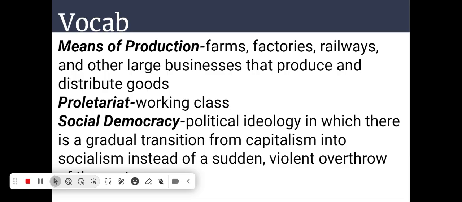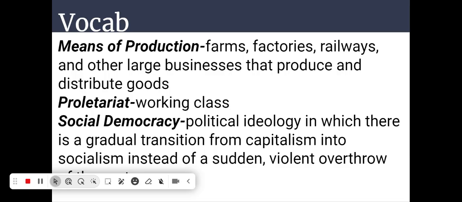So like a railroad or a road building company, farms, mines, steel mills. We need that stuff so that we have the things that run society. And that's the means of production, the things that produce the things we need.